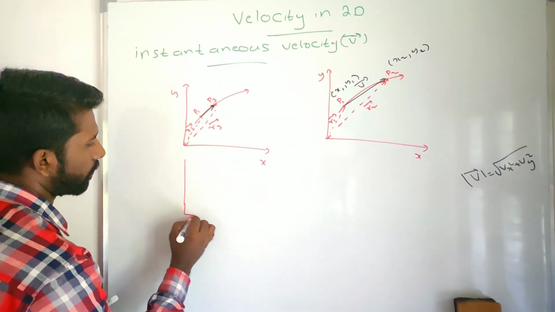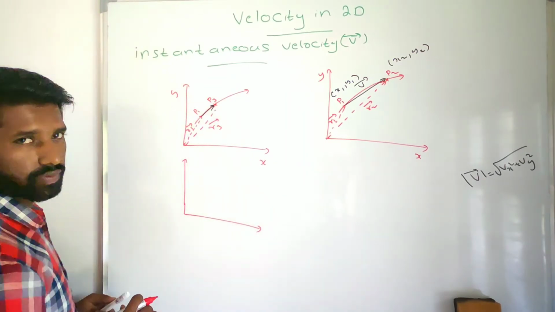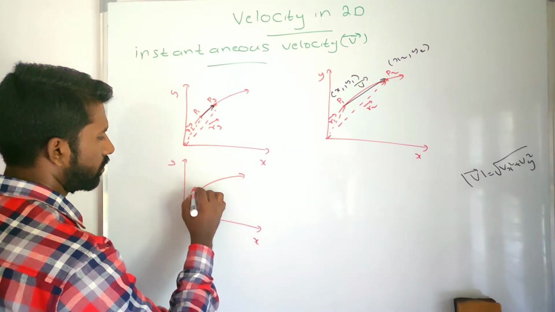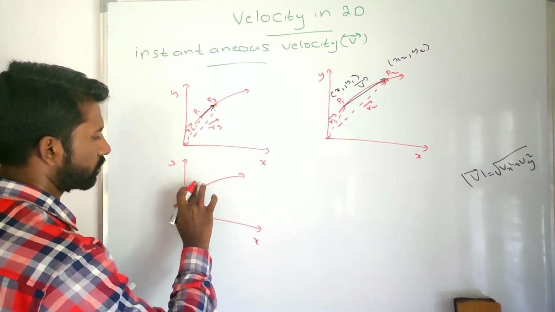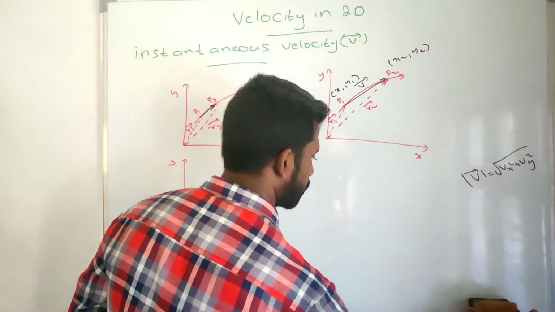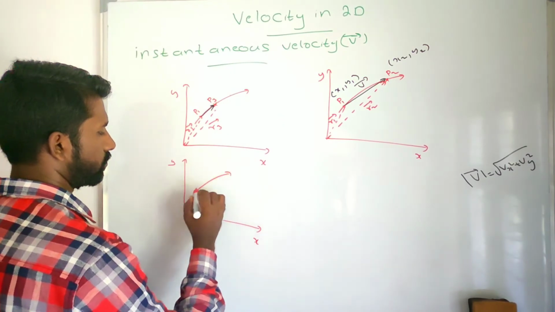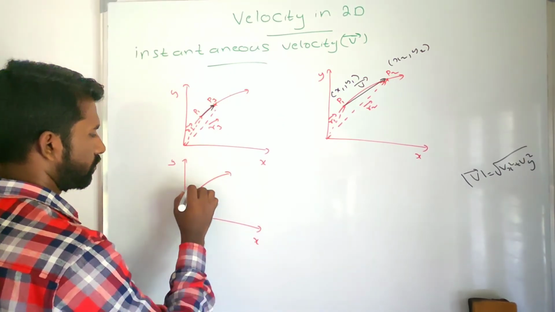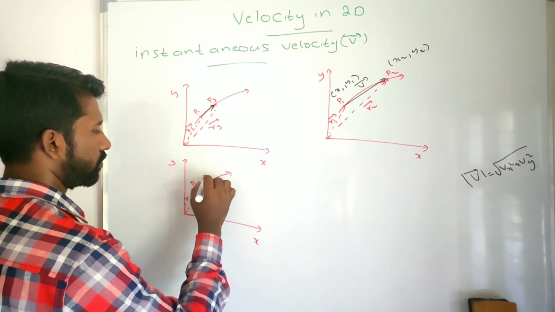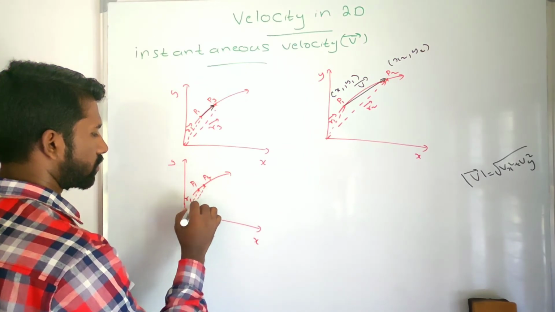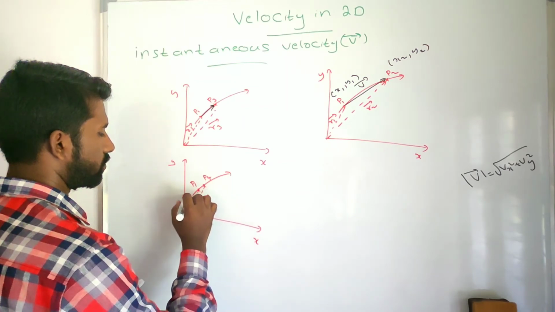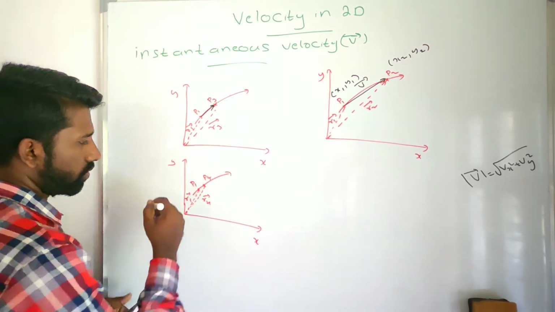Next, if again the time difference decreases, this is y and this is x, this is the path. This is P1, its position vector is R1, and consider a point P4 very close to P1, with position vector R4. Now what about the velocity direction?